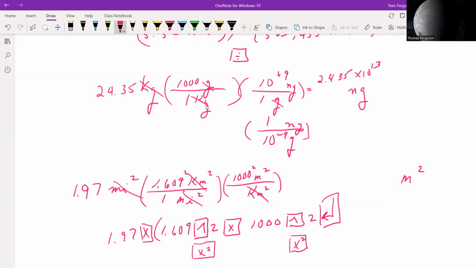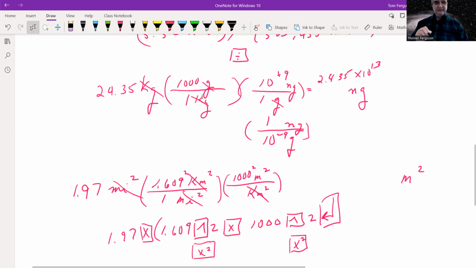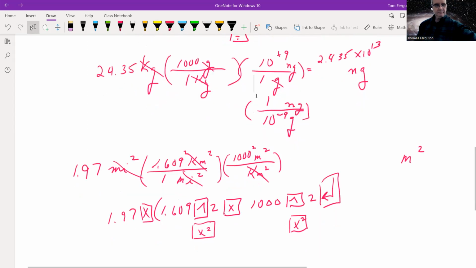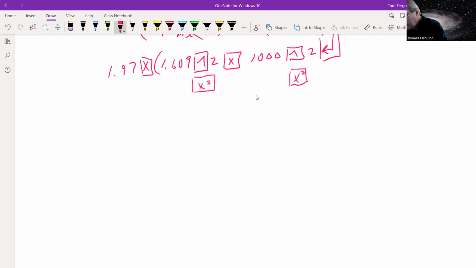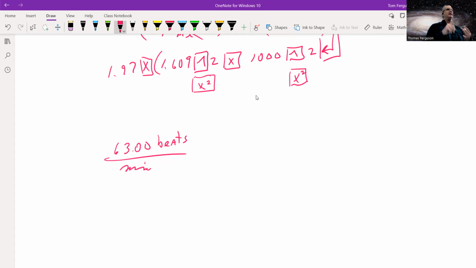So the problem above that, a person's heartbeat average of 63 beats per minute. Okay, that's what's given, and that's a fraction. So for given is a fraction, your answer has to be a fraction.